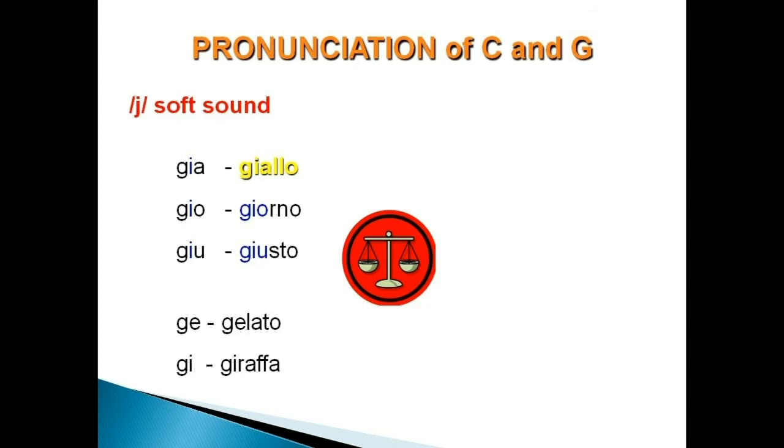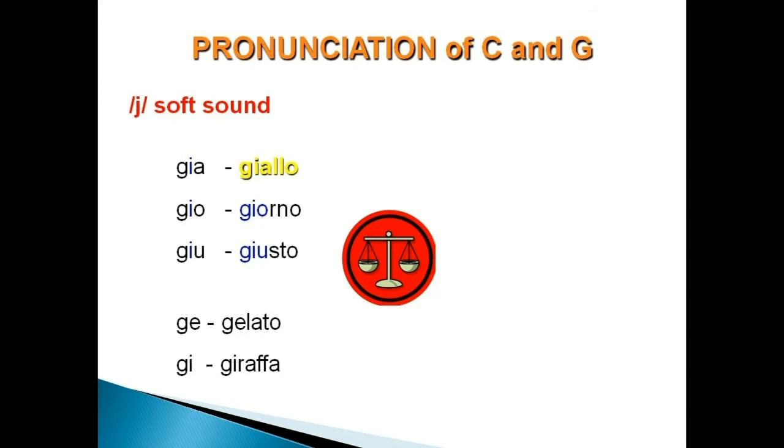As you can see, again, we have an I between the G and the A, the G and the O, and the G and the U. The I is silent. It's just a marker that tells us that we need to soften the sound. So instead of ga, go, gu, we read ja, jo, ju.